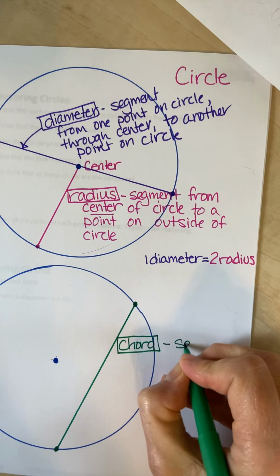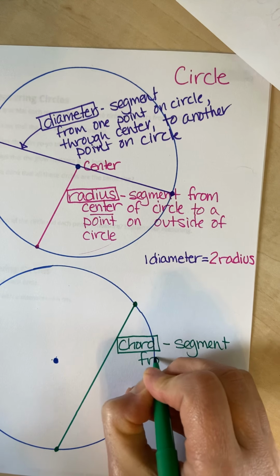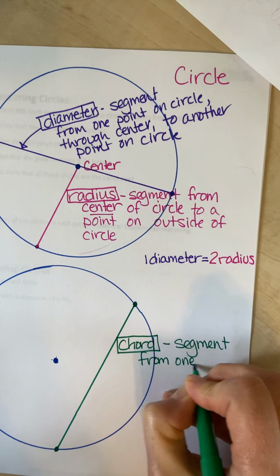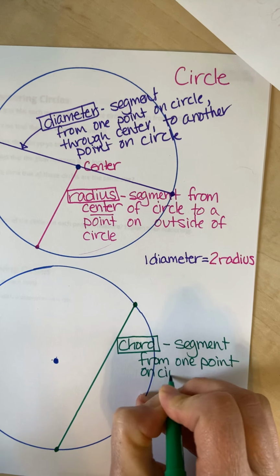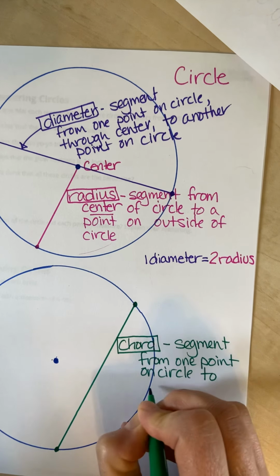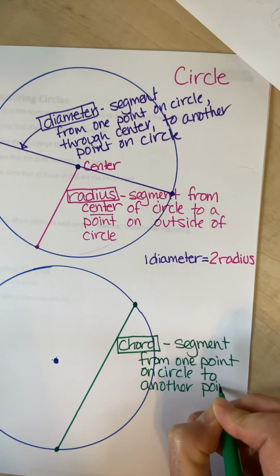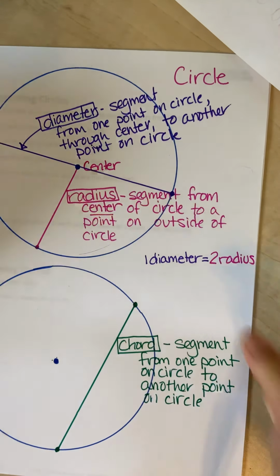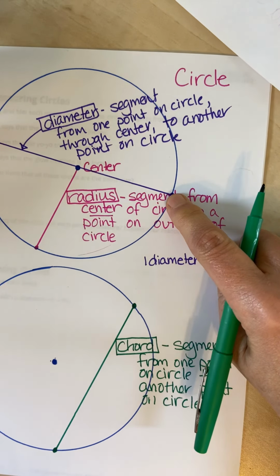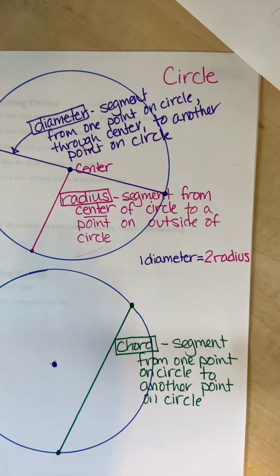So it is a segment from one point on the circle to another point on the circle. If it goes through the center, it's called the diameter. If it doesn't go through the center, it's just called a chord, okay?